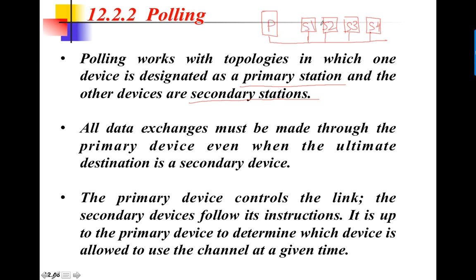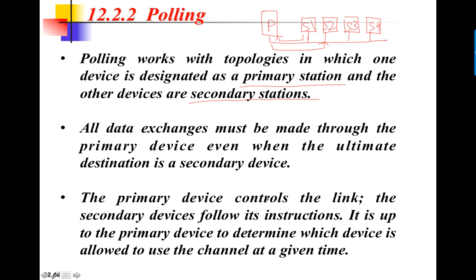Even though S1 and S2 are next to each other, they cannot directly communicate with each other. If S1 wants to send something to S2, it will have to go to P, and then P sends it to S2. Okay, everything happens through the primary device.